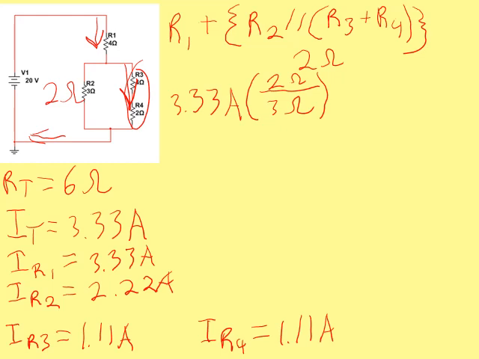So next, from there we got all our currents, so we can multiply and get the voltage drops. So for IR1, 3.33 amps times 4 ohms equals 13.33 volts.